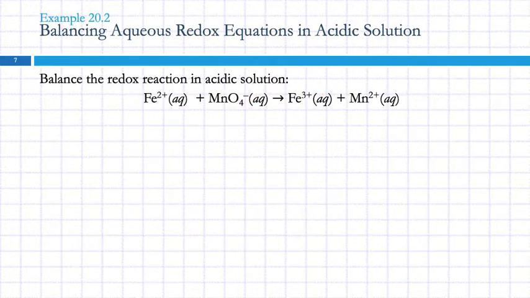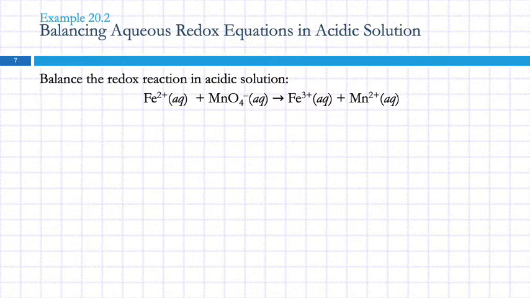So here's another one. Here we have iron 2 reacting with permanganate ion to form iron 3 and manganese 2 ion. So what's the first thing we have to do? That's the first thing we can do. Maybe we should do it, but we don't actually have to do it.